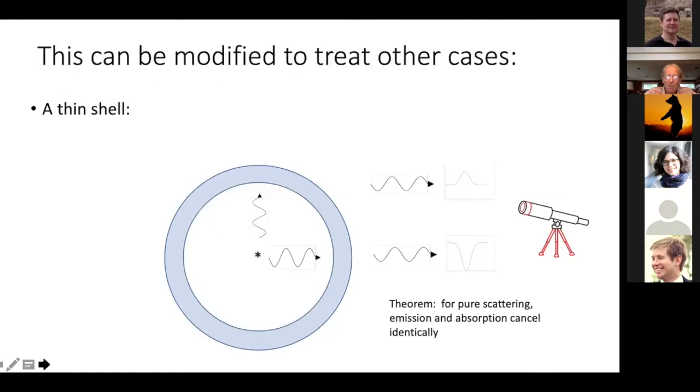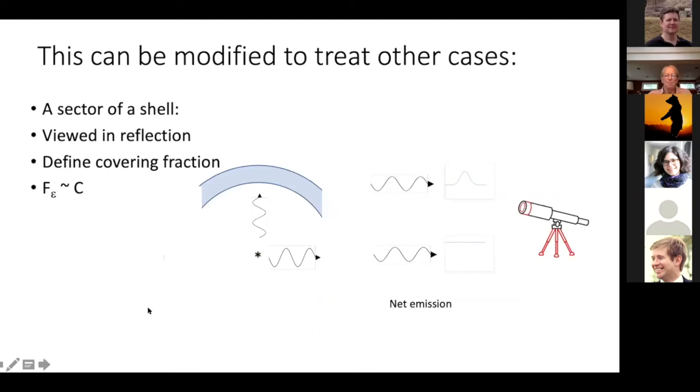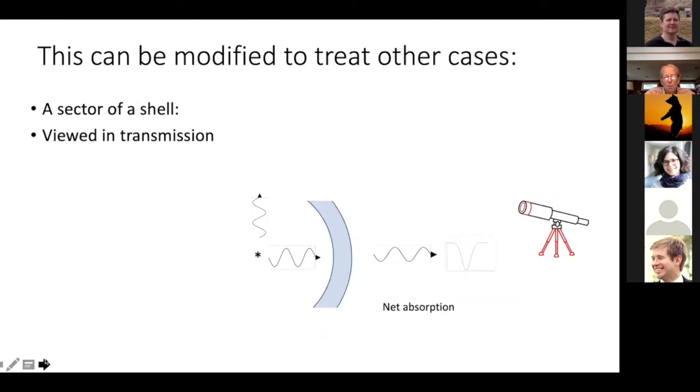Well, obviously, first of all, you can turn it into a thin shell. It doesn't change the answer qualitatively, but you can then say, well, maybe the shell doesn't really cover the source. And if that's the case, then you lose this cancellation, and you should see net emission if you're not viewing the gas along the line of sight to the source, or you should see pure absorption if you are viewing the gas along the line of sight to the source.